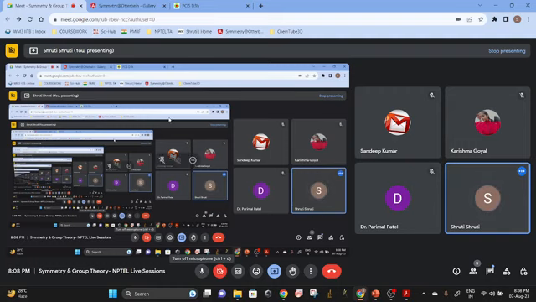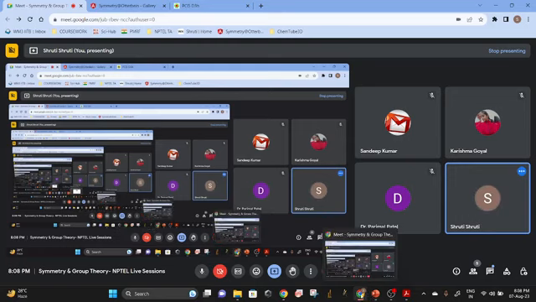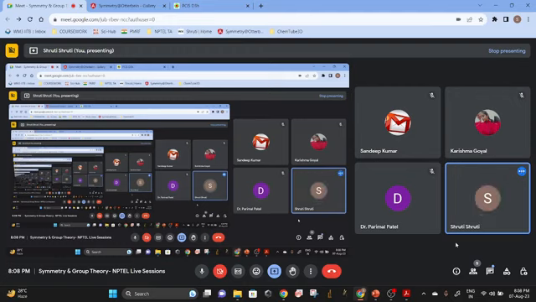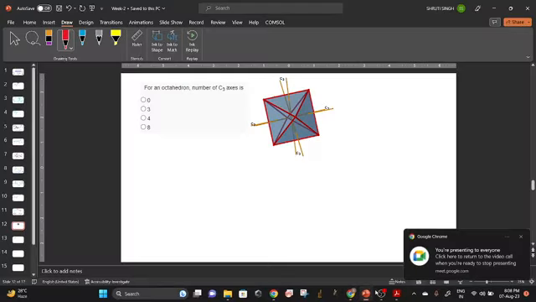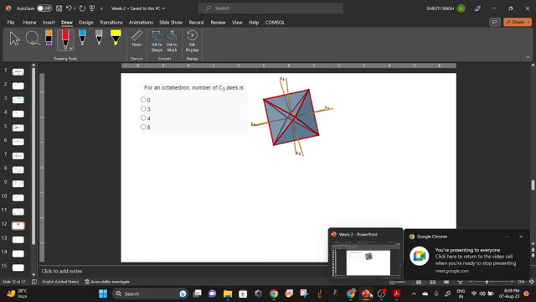Okay, everyone? So the question is this one: C3 axes in an octahedron, and you have to draw all.